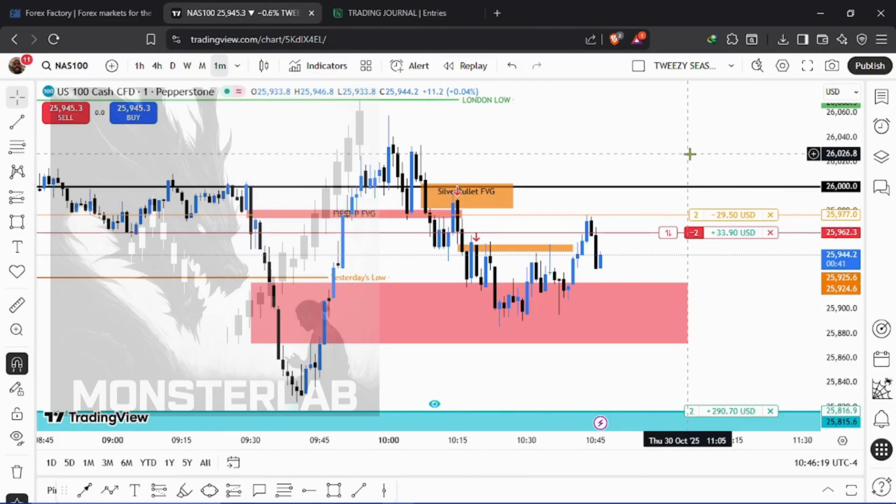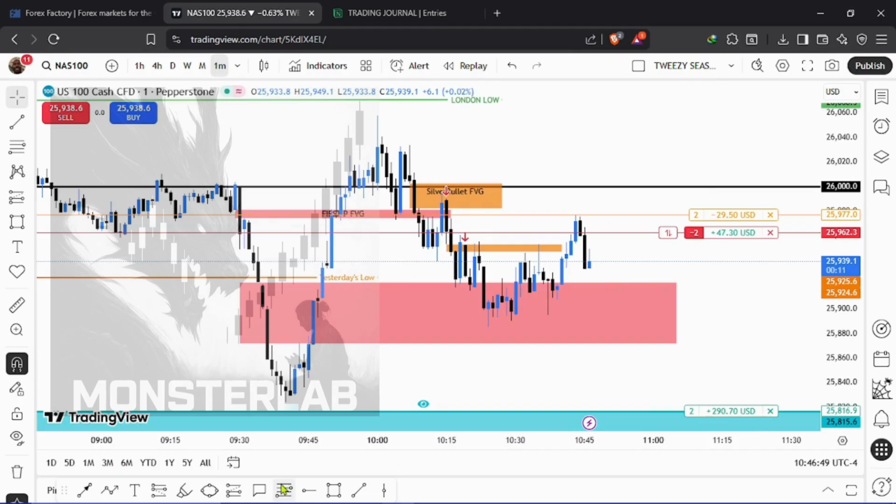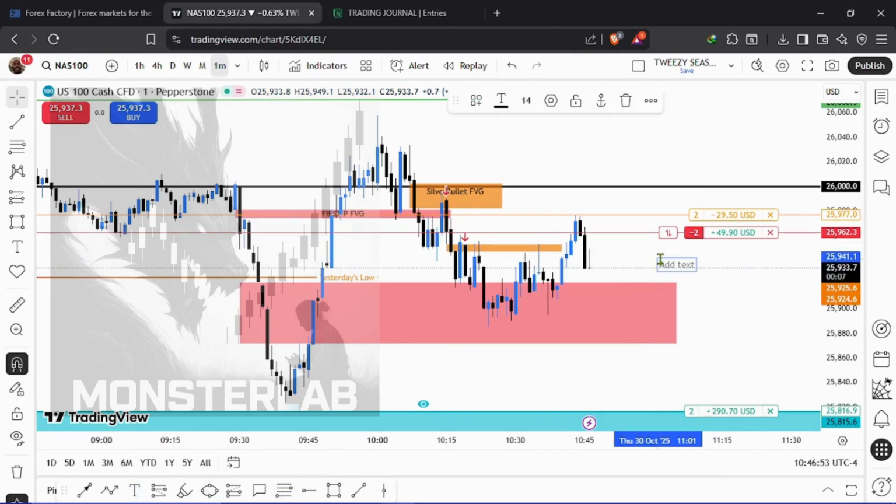So yeah, you can see it reacting from the small fair value gap. So price got back into my entry, missed my stop loss by 1 pip, which is really fascinating. Today the gods have me.